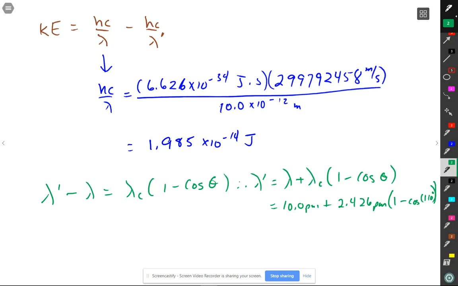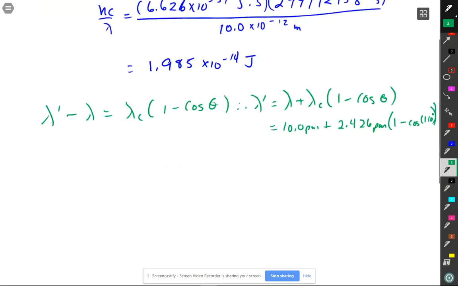So we have 10 picometers plus 2.426 picometers times 1 minus cosine of 110 degrees.